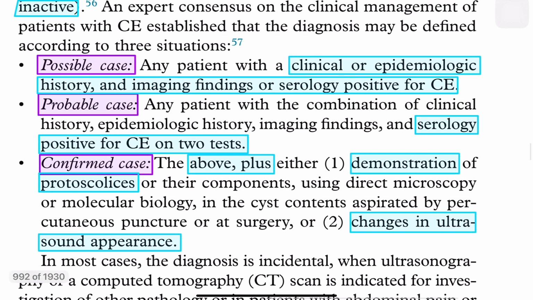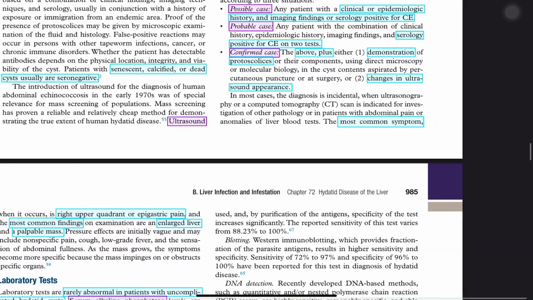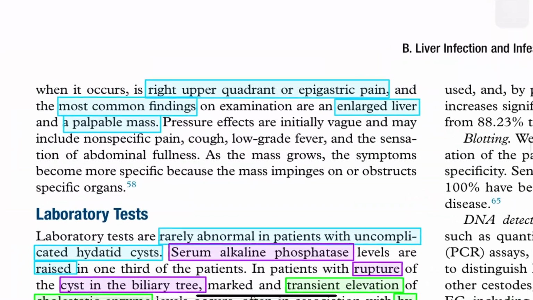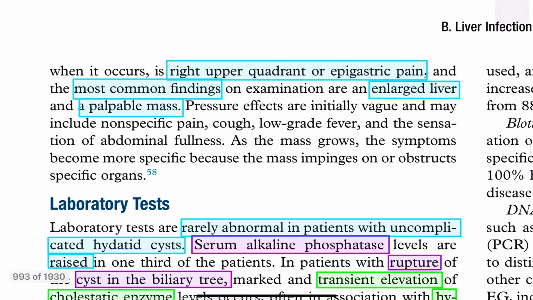Okay, so there is 2B, so 2 test, 1B only one, confirmed case. Okay, so the most common symptom is right upper quadrant or epigastric pain, and the most common finding is hepatomegaly.